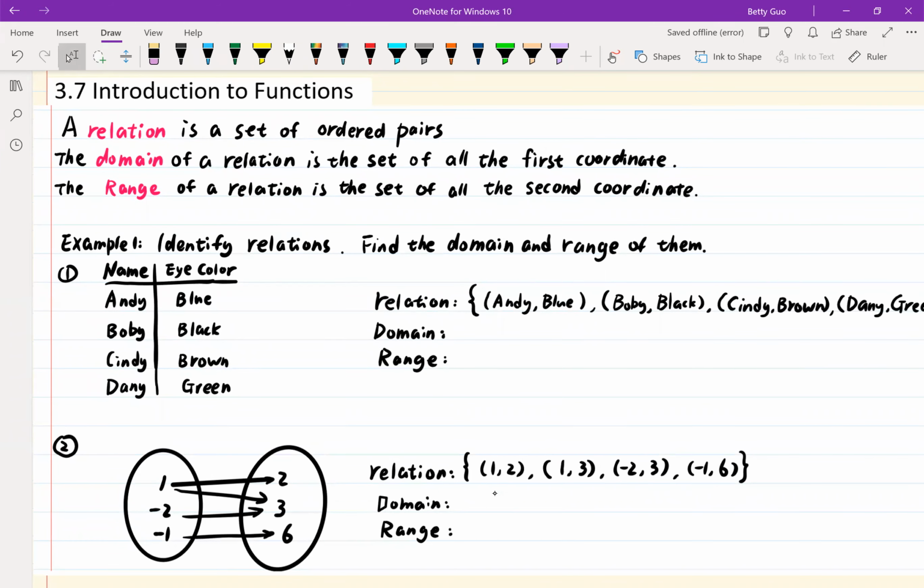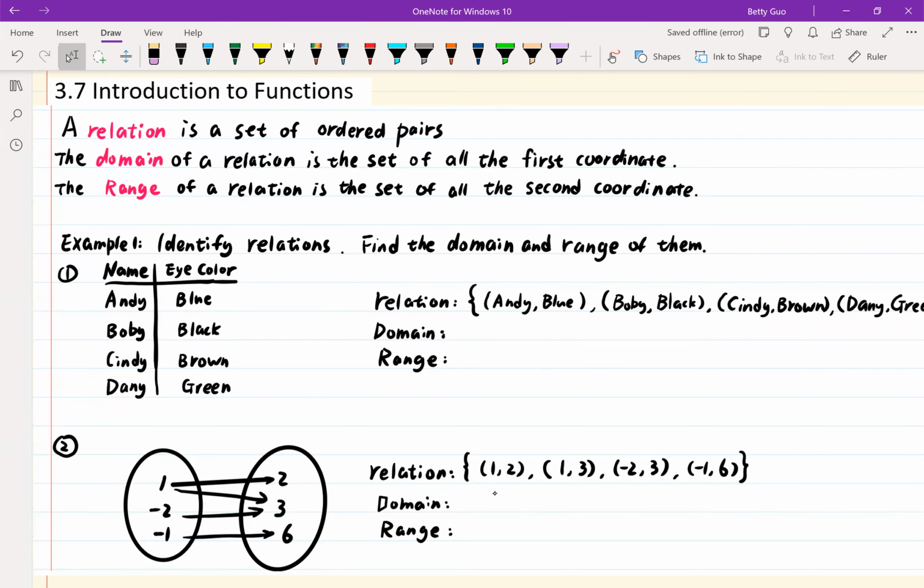A relation has a domain and a range. Please also copy down the definitions of domain and range of a relation. The domain of a relation is a set containing all the first components of the ordered pairs in the relation. The range is a set containing all the second components of the ordered pairs in the relation.